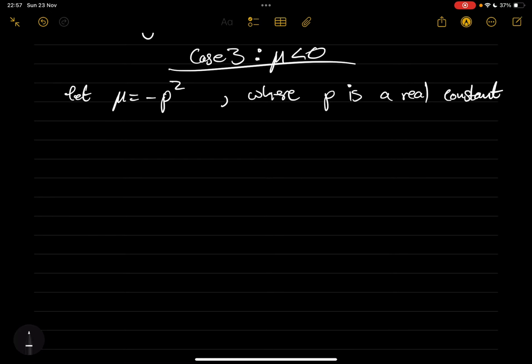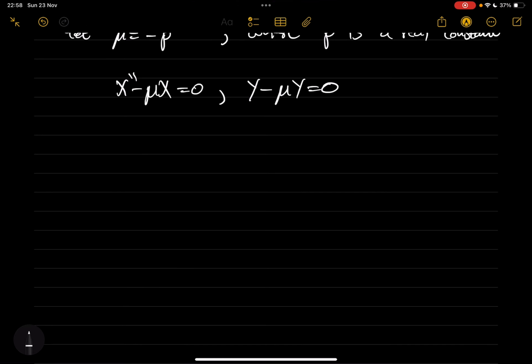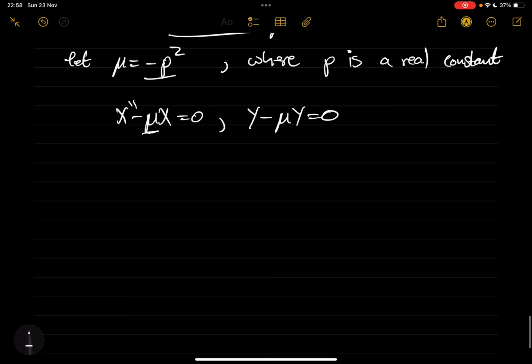So we have x double prime minus mu x equals 0, and y double prime plus mu y equals 0. Where there's mu, we substitute minus p squared. So we're going to have x double prime plus p squared x equals 0, and y double prime plus p squared y equals 0, right?